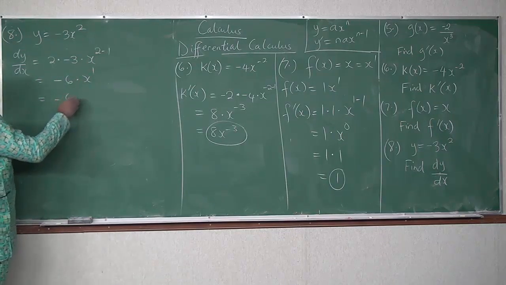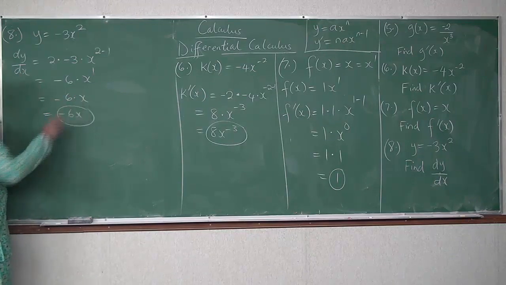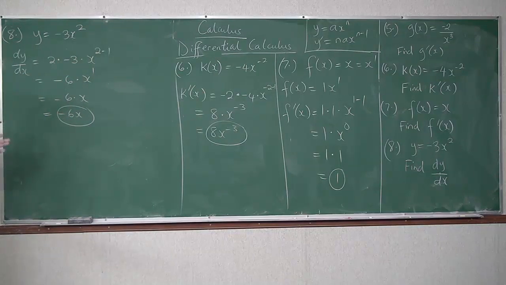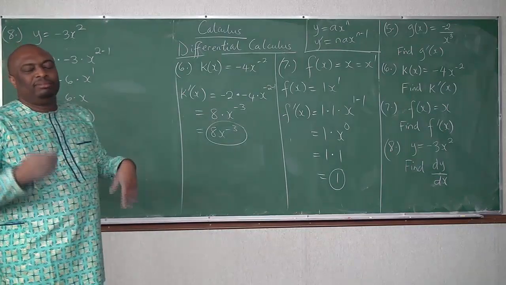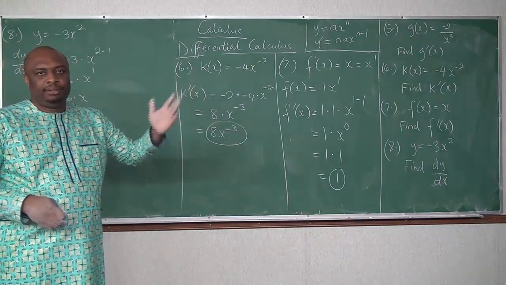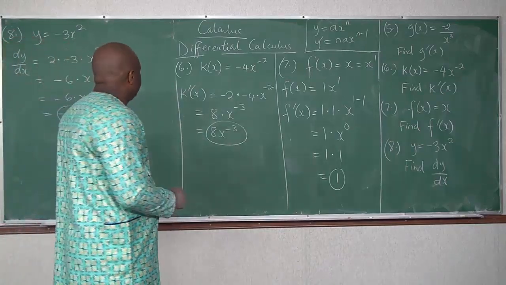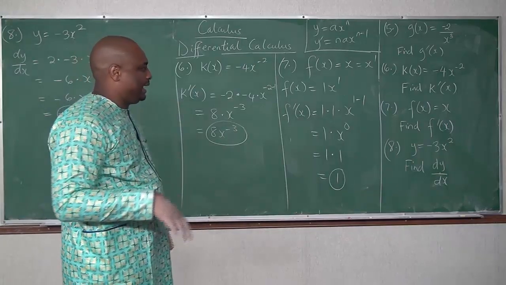So this will be negative 6 times x, and this is negative 6x. See that? Negative 6x. With time you can easily see this, but for now, practice it. Okay, question 9.